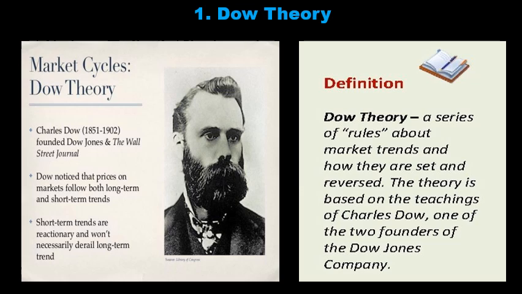The definition of Dow theory: a series of rules about market trends and how they are set and reversed. The theory is based on the teaching of Charles Dow, one of the two founders of the Dow Jones Company.